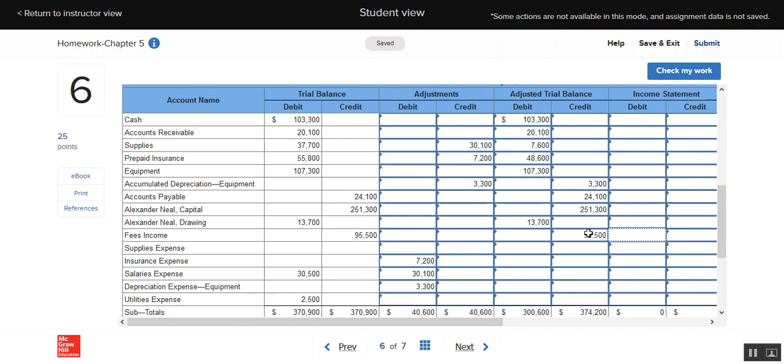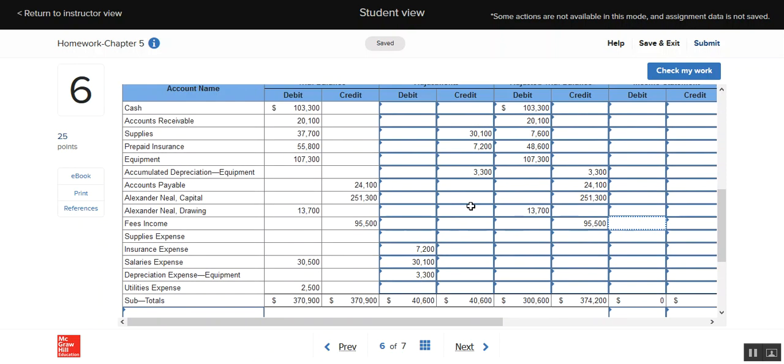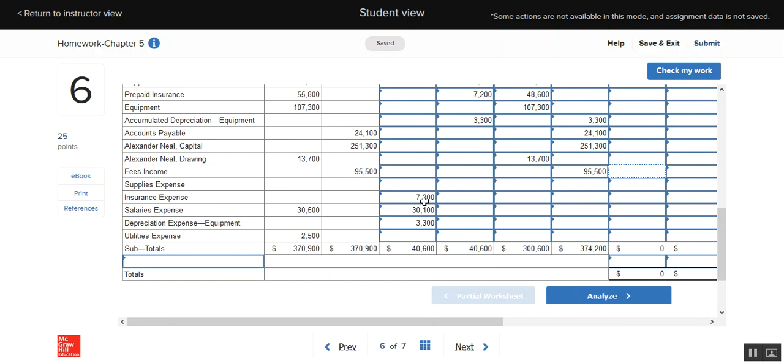The hard part about this is making sure you're in the right column. That is the bad part. Let's see. I have moved something in the wrong place. I think I have moved my columns out of whack. I am so sorry. Let's see. Supplies was $30,100, so supplies expense should be $30,100.